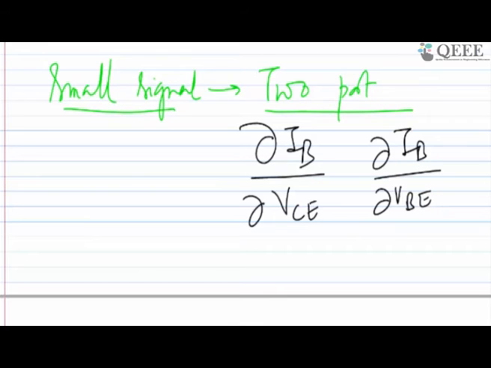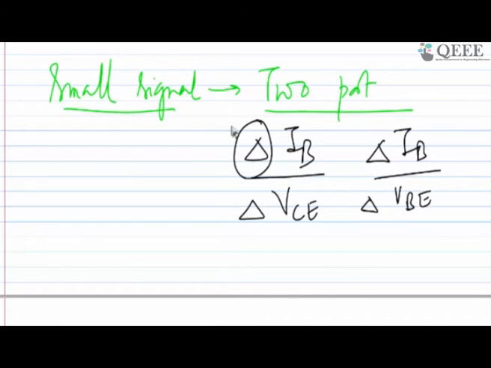You can replace this with delta. This delta means there is a small change, and that small change is small enough that it's not getting saturated at the output. This is what I want.